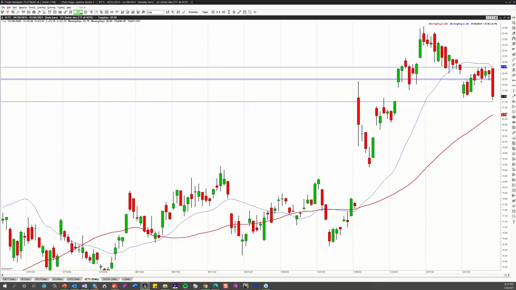So the buyers here, if the market bounces, may be thrilled to get out at break even over here. This is a low price stock, so it's not a big deal to be losing 80 cents or so. But that's the theory behind the change of polarity, especially when you break a support area. The buyers here are losing money, and then when it bounces back, they are thrilled to break even, and so the buyers here become sellers.